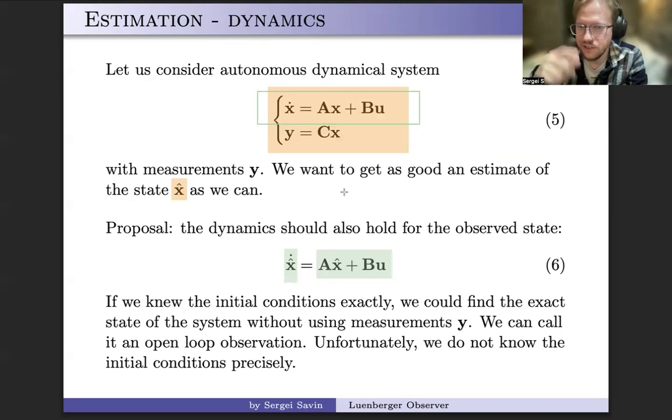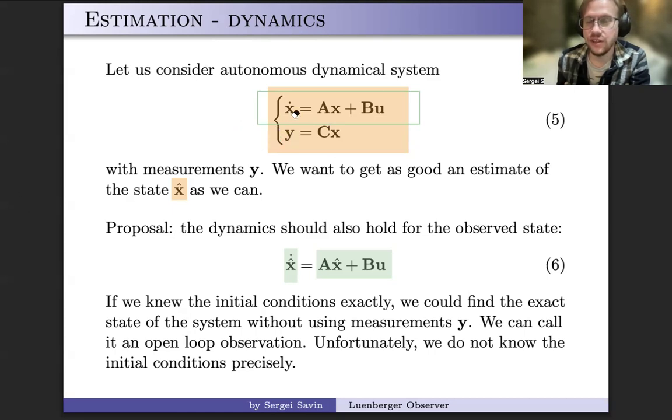Now, if this equation was describing the real robot correctly, which is our assumption, and if we knew initial conditions perfectly, and of course, we are also assuming that the measurements are perfect, like y is actually equal to Cx. Sorry, in this case, we don't even need this assumption.